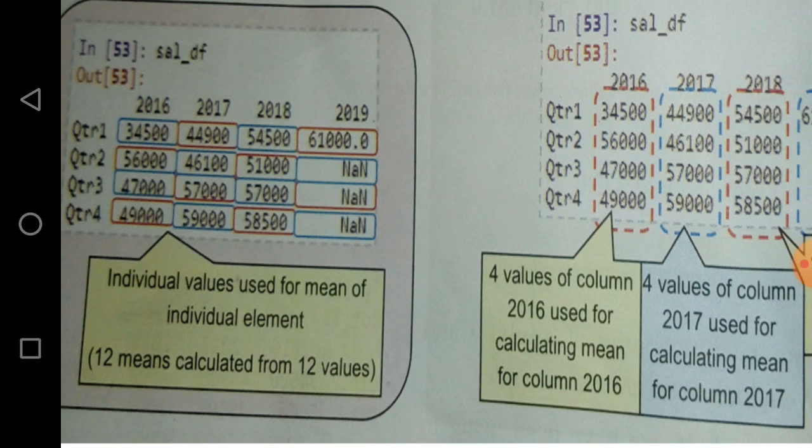So there are basically 12 values, and when we apply the applymap function, the mean of 12 values will be calculated.